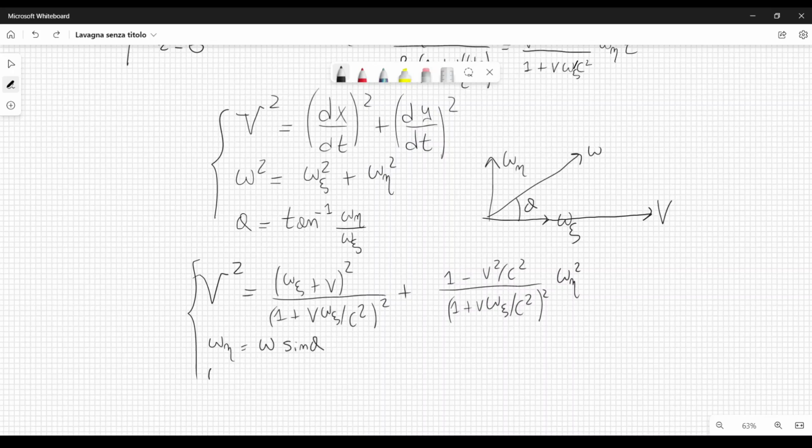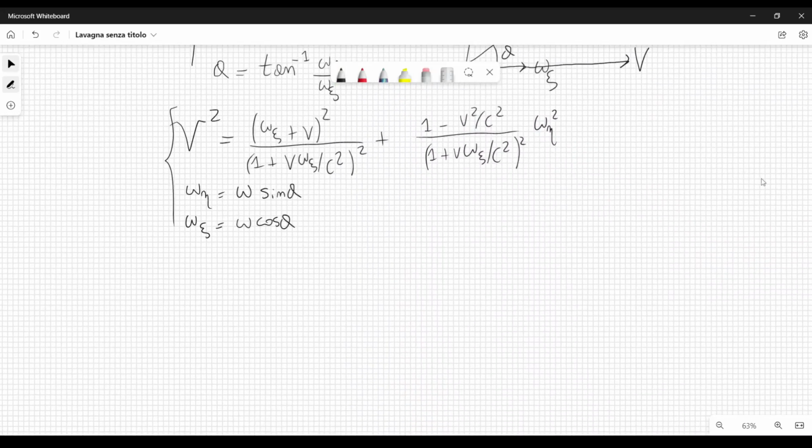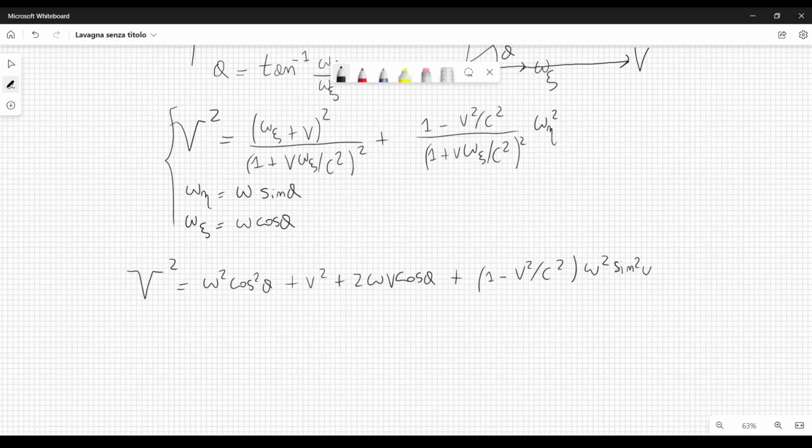And we have omega xi equal to omega times the cosine of A. So if we substitute these relations here, we can rewrite capital V squared equal to omega squared cos squared A plus V squared plus 2 omega V cosine A plus (1 minus V squared over c squared) omega squared sine squared A, divided by (1 plus V omega over c squared cos A) squared.